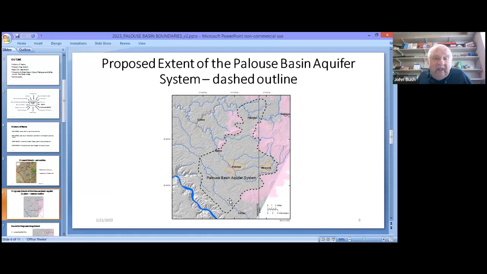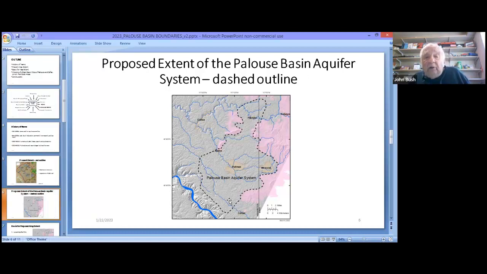And I should mention that the aquifer system is based on similar water levels within the lower aquifer. We also used geology and other records to tell us whether we were connected. The idea of the Palouse Basin is what areas are interconnected and connected to the Palouse pumping center or the Moscow pumping centers.